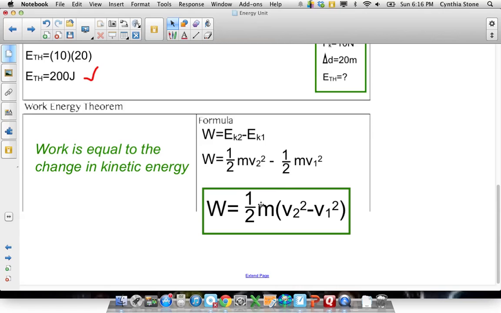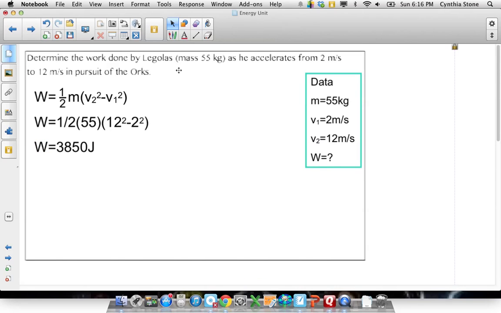So this is a formula for work that I didn't show you yesterday just because I wanted to talk to you about energy first. Now we have another formula for work, and let's apply it. Legolas accelerates from 2 meters per second to 12 meters per second as he runs to chase after the orcs, and we want to find his work done. So how do you know when to use this formula?